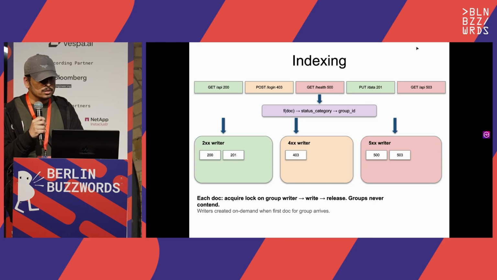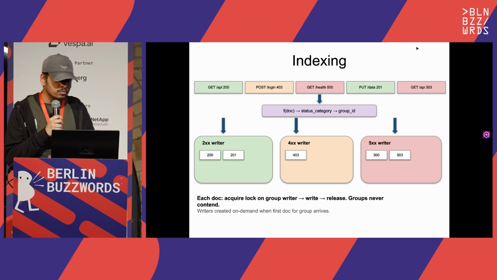Let's start with the indexing part, on how the context-aware segment is initially handled during ingestion time. We will start with an example where we are indexing a batch of HTTP logs with different methods and different status codes. The first one is a GET with a 200. The second is a POST log, which we are ingesting with 403.